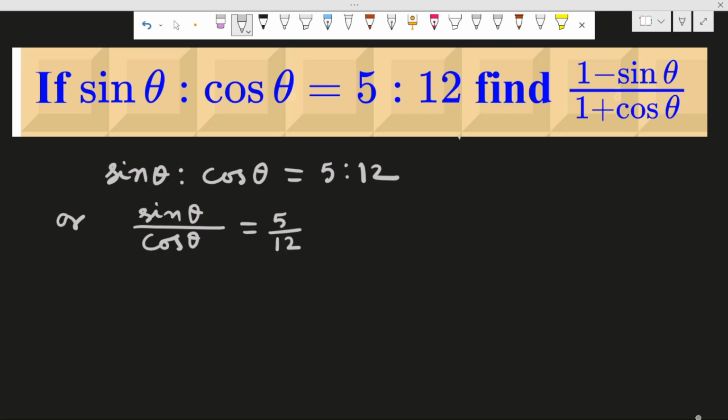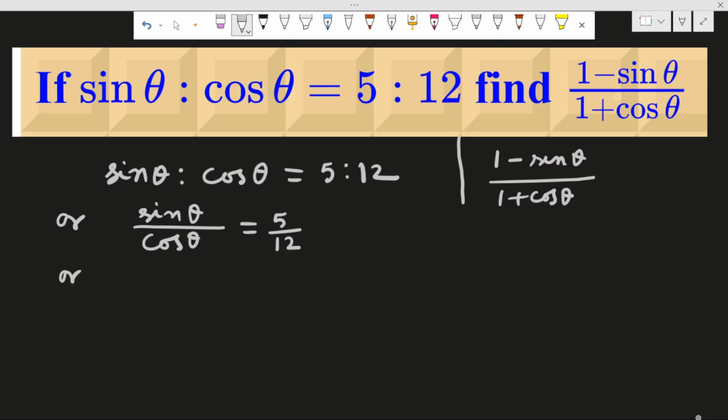Now writing the expression on the right hand side, 1 minus sin theta by 1 plus cos theta. To find the value of this expression, we need to find the value of sin theta and cos theta. Here one equation is given, but we cannot find the value of sin theta and cos theta from one equation. Either we need two equations, or we have to use trigonometrical formulas or any other formulas so that we can find the value of sin theta and cos theta.